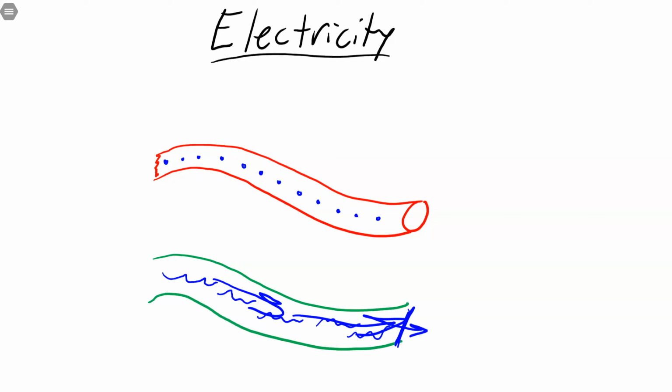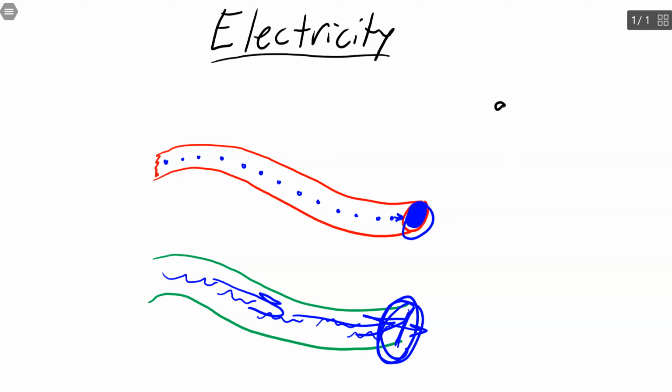We're going to do the same thing, but instead of water, it's electrons. At a certain point, it's like you cut the wire. How many electrons are moving through that point in the wire in a certain amount of time? Instead of gallons per minute, we could do electrons per second, but we'll use charge instead of the number of electrons.